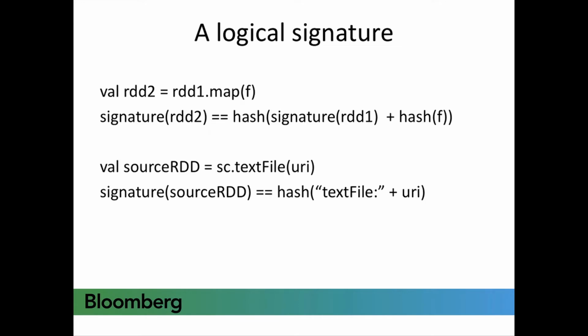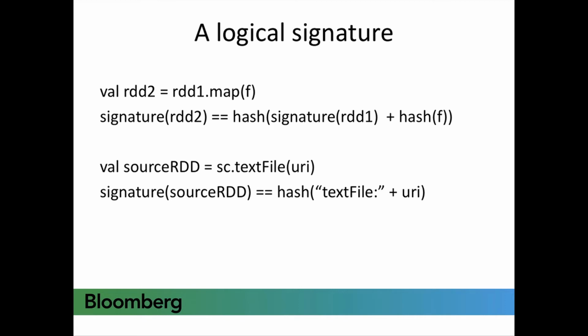So with a more concrete example, say we have some RDD1. We map a function f over it to produce RDD2. The signature of RDD2 should be equal to the combined hash of the signature of RDD1 and a hash of the function f.